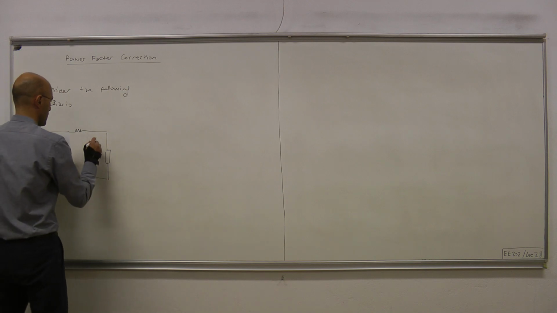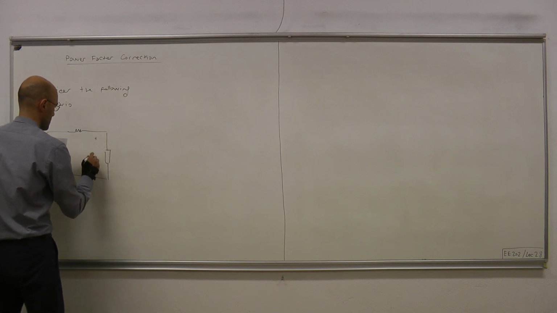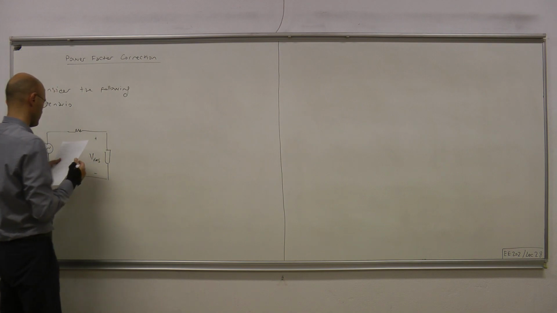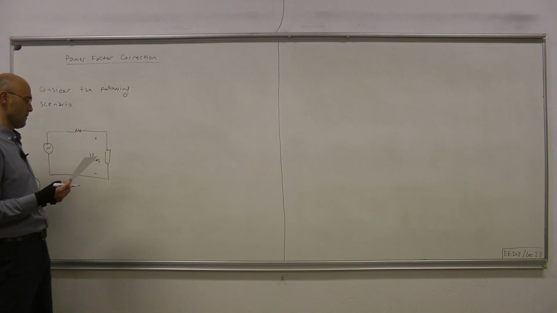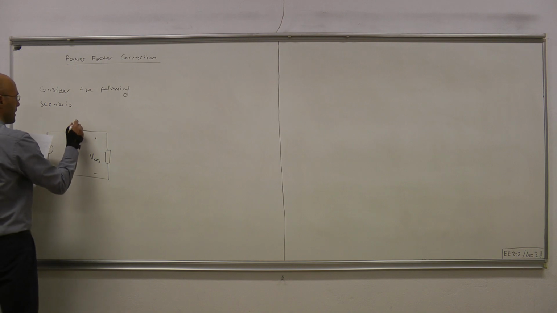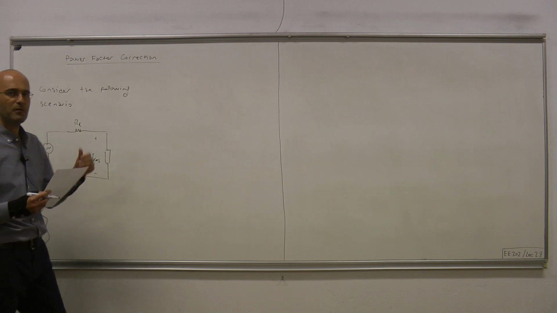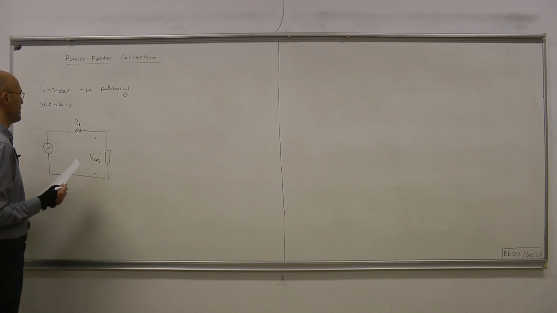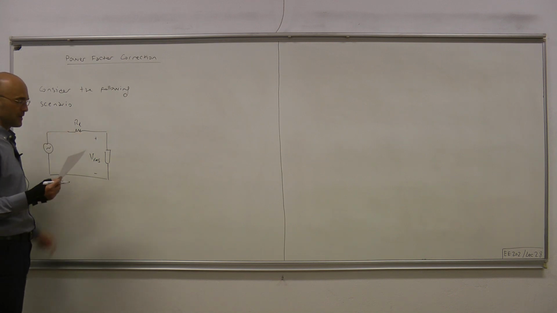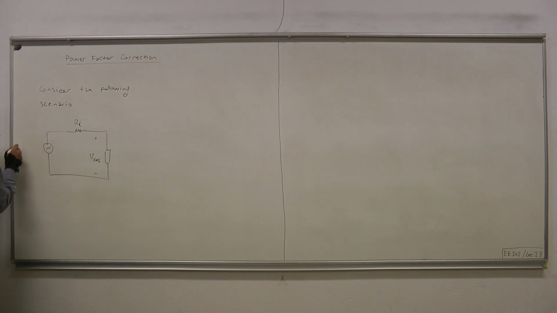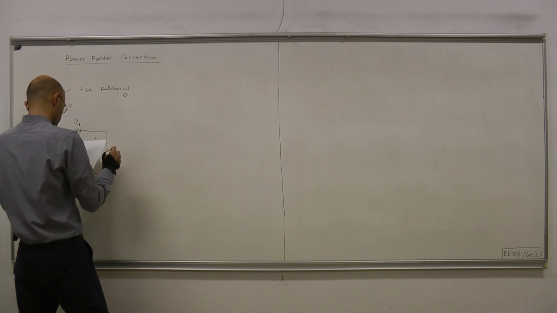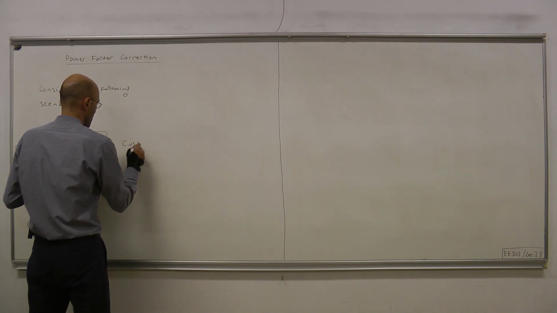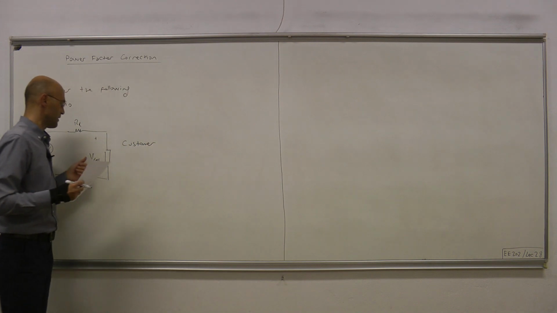This is the RMS value of the voltage. Here we have RL representing the resistance of the transmission lines, and this is our generator. And this end we can call the customer.